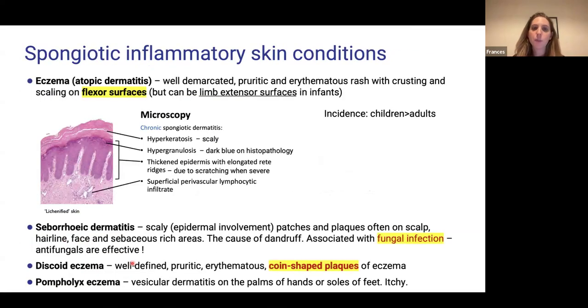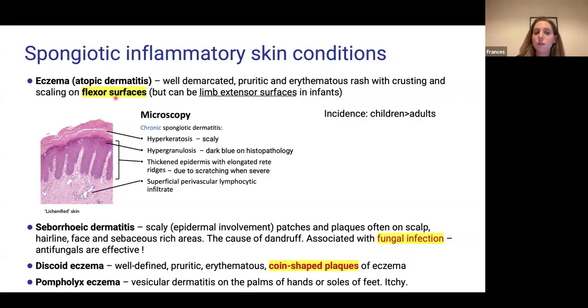So if we start off with those spongiotic conditions, as I said, these are your different types of dermatitis. So if we think of eczema, which is also known as atopic dermatitis, obviously associated with things like hay fever, which is an allergic rhinitis, and just general atopy. So in eczema, you're having this really pruritic, so itchy, erythematous rash, which has crusting and scaling, as I said, because this is happening at the epidermis.